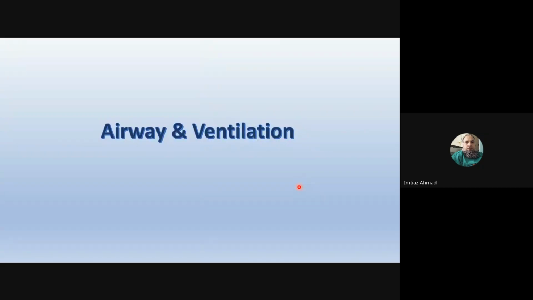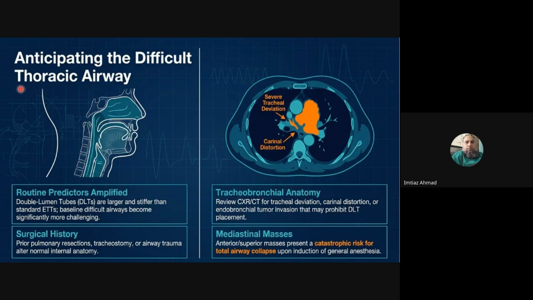Now, airway and ventilation. Anticipating the difficult thoracic airway is very important. As routine predictors are amplified, double lumen tubes which will be used in this case are larger and stiffer than standard ETTs. Baseline difficult airway becomes significantly more challenging. Prior surgical history, prior pulmonary resection, tracheostomies, or airway trauma alter the normal internal anatomy.